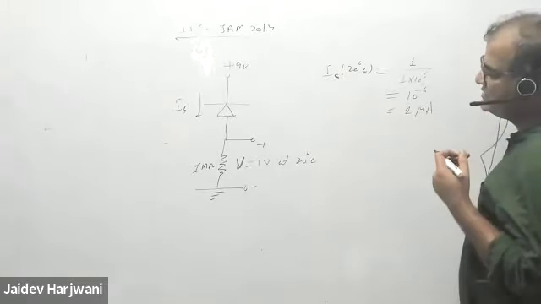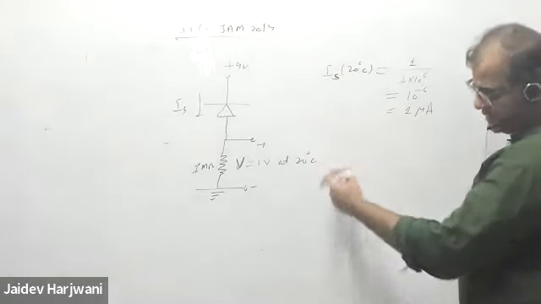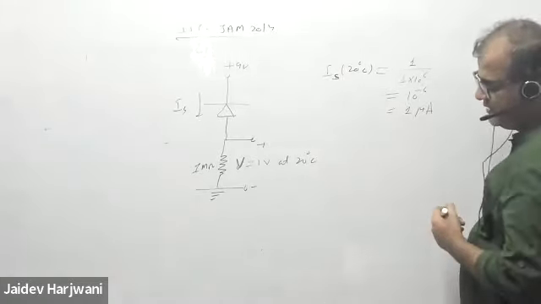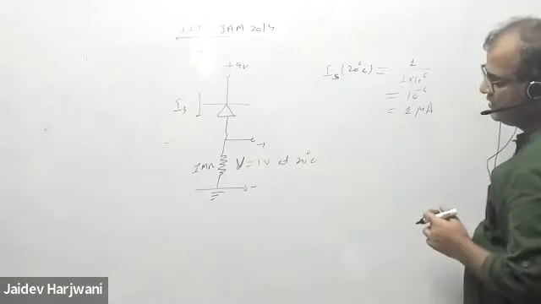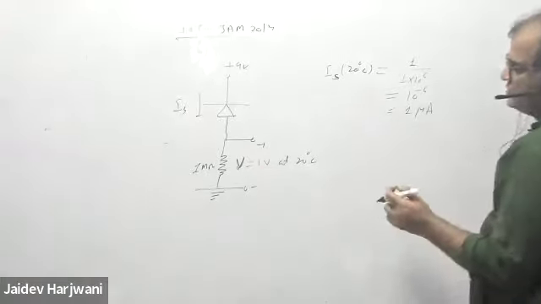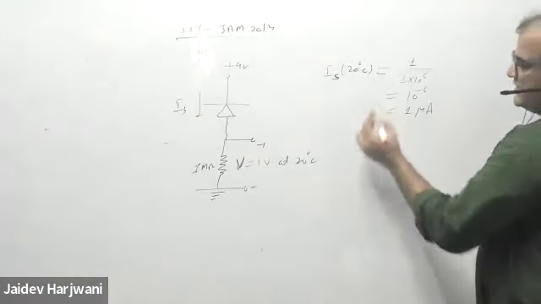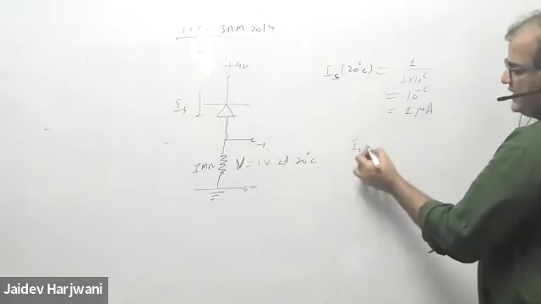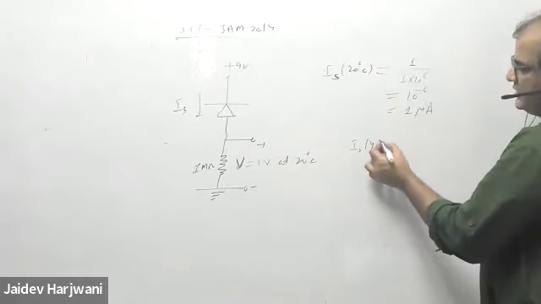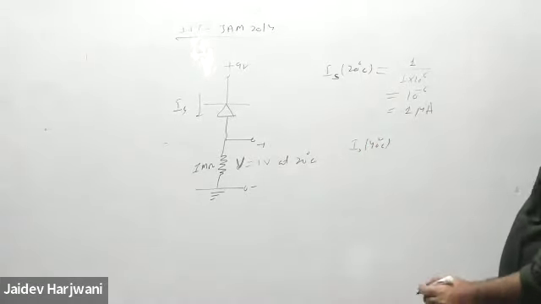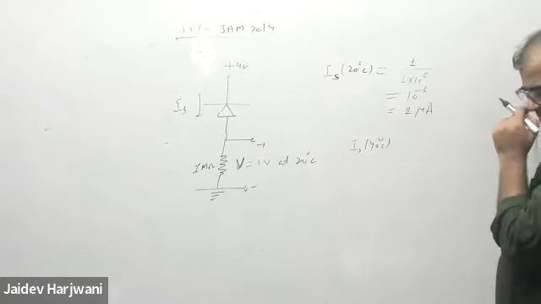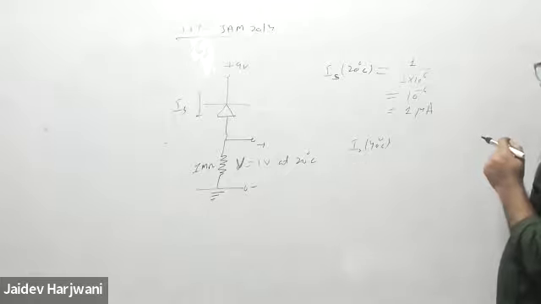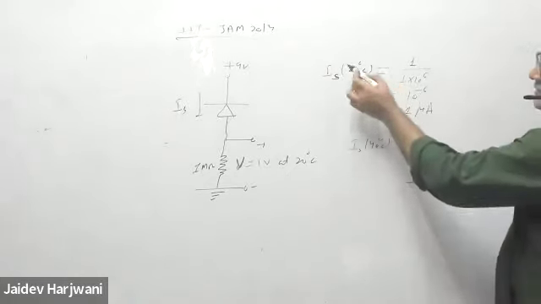Now it is asking what is the value at 40 degrees? What is the value of reverse saturation current at 40? What is the voltage at 40? So I have to find what is the current at 40. So IS at 40 degrees centigrade. Okay. What is the formula? Tell me. Every 10 degree increase, it will become twice.